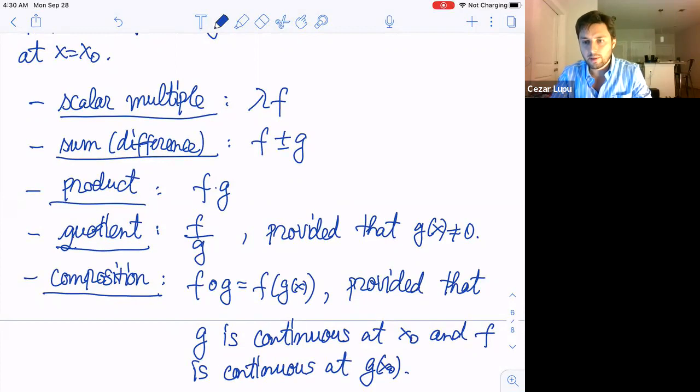Also, I'd like to talk a bit about the limits of a composition of two functions.